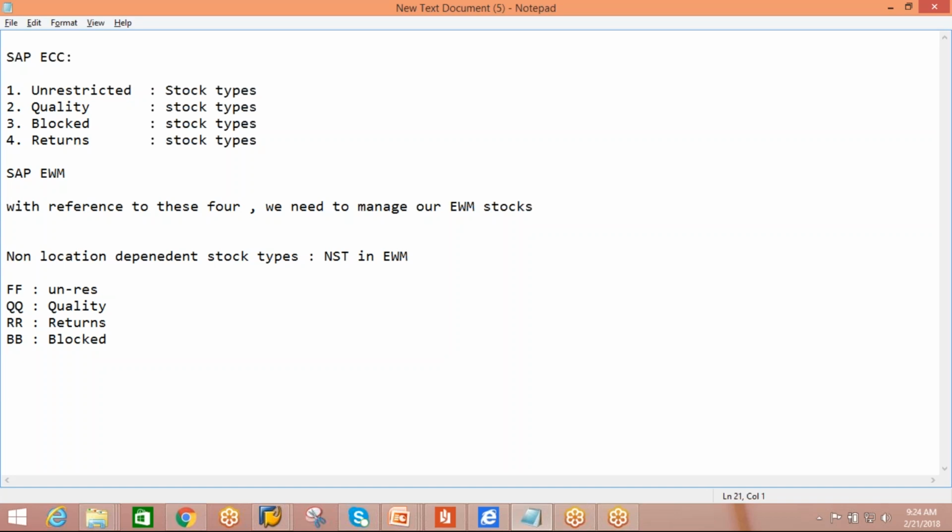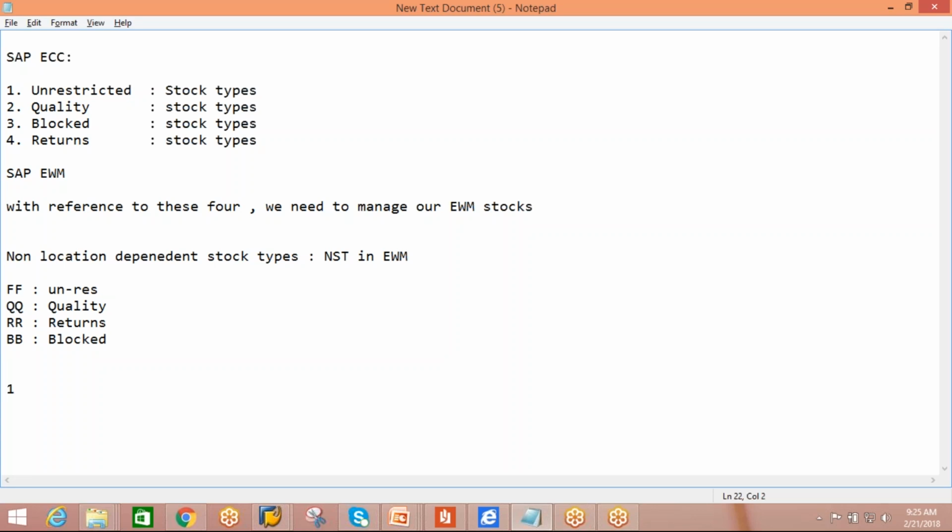Please note that these naming conventions apply if my EWM is connected to SAP ECC only. If I connect with a non-SAP ERP, maybe in that system they have different naming conventions, maybe ZF, ZQ, or whatever it may be. These four naming conventions apply for the SAP ECC system. These are non-location dependent stock types.